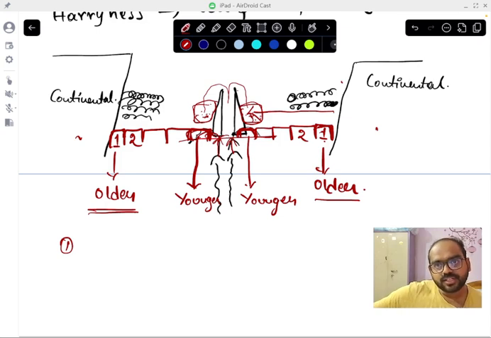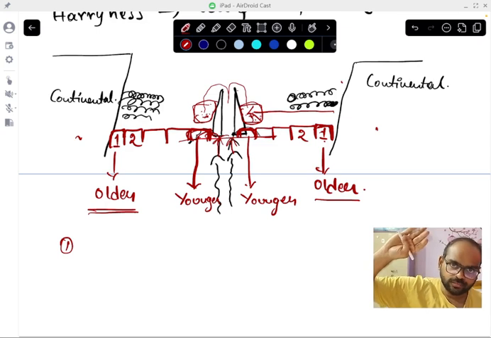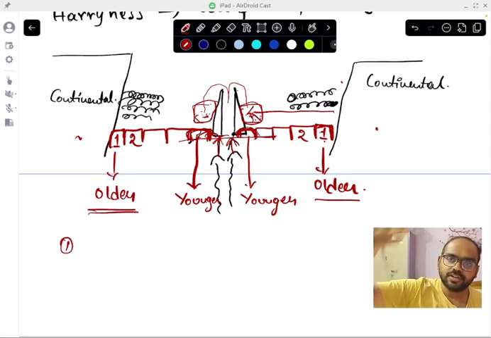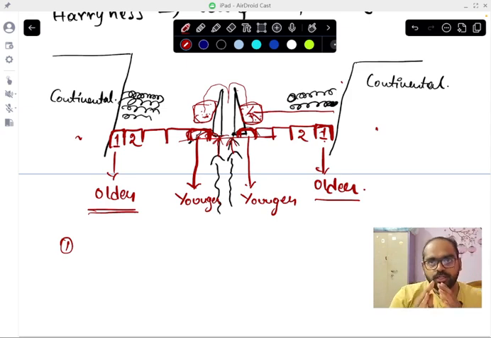Rocks closer to the continent are much older. They were formed first during the first phase of separation. There are continuous, subsequent phases of separation, and rocks away from the continent are younger.